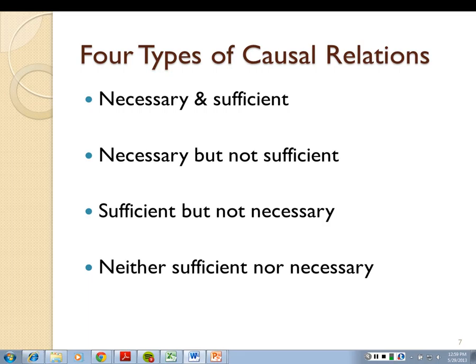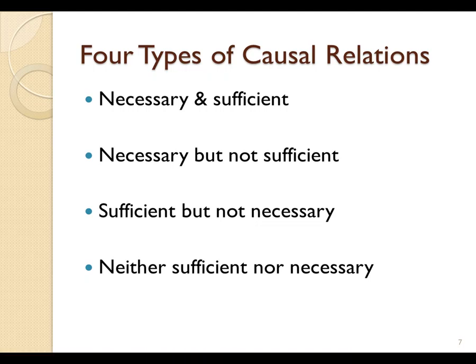However, there are other things that can cause anemia as well, so vitamin B12 deficiency is not necessary to cause anemia. Finally, a factor may be neither necessary nor sufficient, meaning that the specific factor can combine with other factors to produce disease. However, the disease may be produced even in the absence of this factor. This is the most common causal model that's observed in chronic diseases.